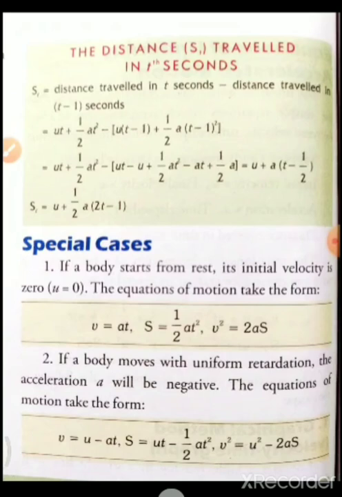OA is how much? You can see here, that is u only. Then BD is v only. And OD is t only. So by putting all the values, we get s is equal to half into (u plus v) into t. This is the second one.